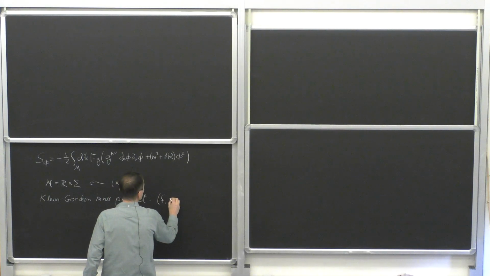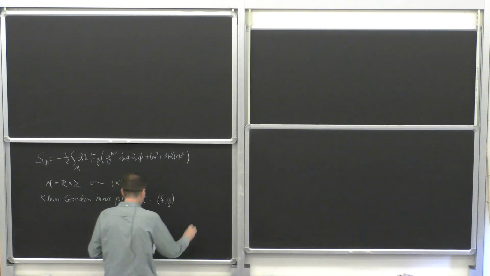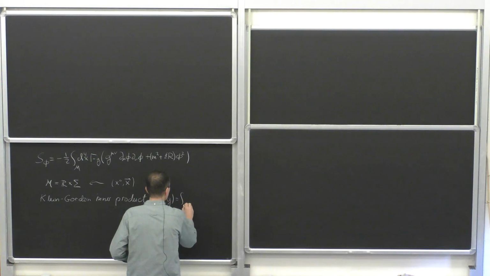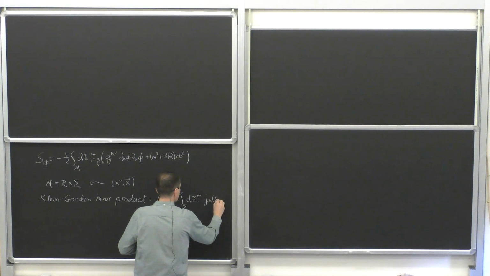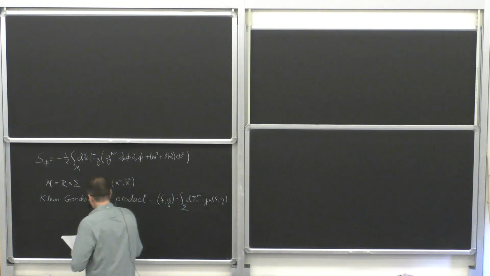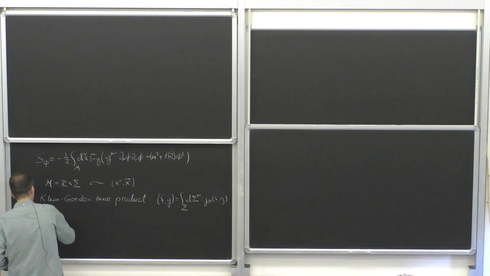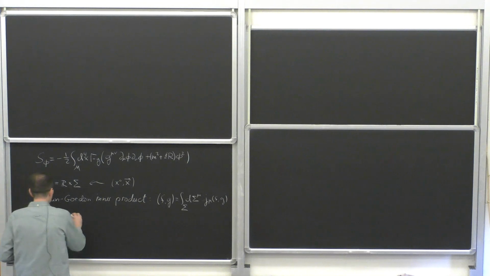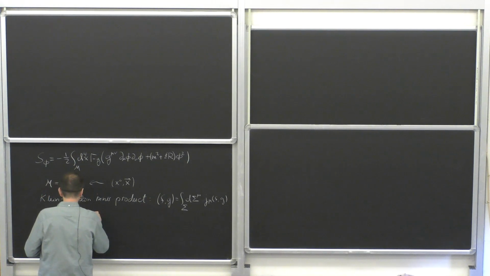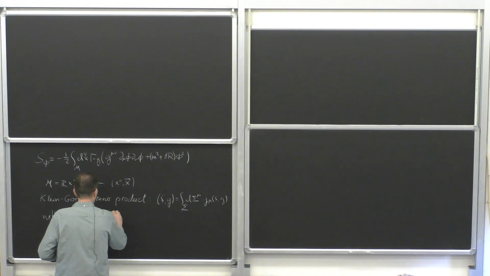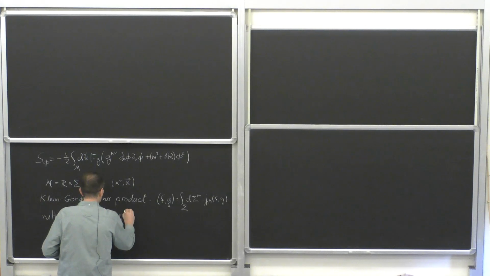Basically, if you have two complex valued functions, f and g, then their Klein-Gordon inner product is an integral over sigma of a current j mu, which is a function of f and g, where the measure is constructed from the induced metric, and so basically it involves the embedding.